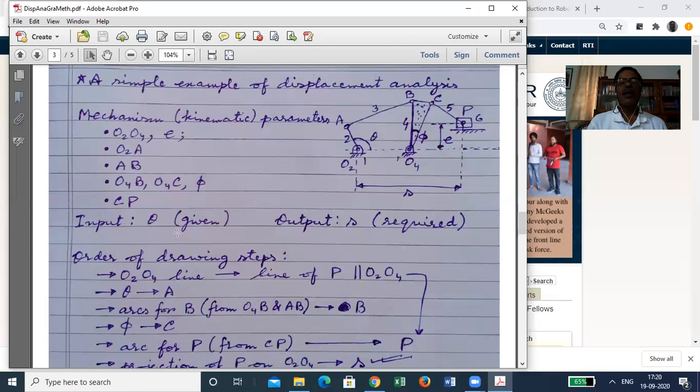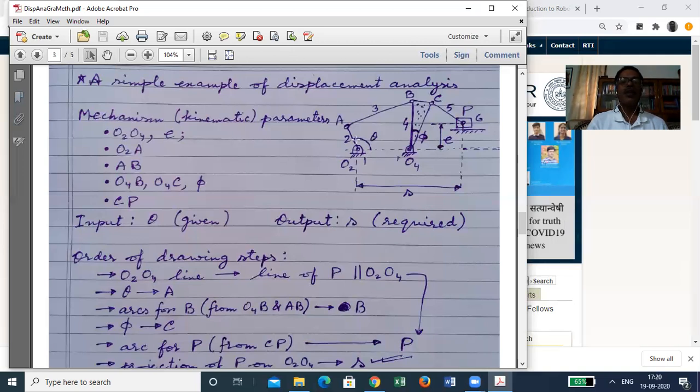So first you draw the frame line, the O2, O4 line. Up to you, you draw a line, mark 2 points O2 and O4 at the appropriate distance, and then you draw a line parallel to that at the distance E, and that is the line of P parallel to O2, O4. Then this input angle is given, this is needed.